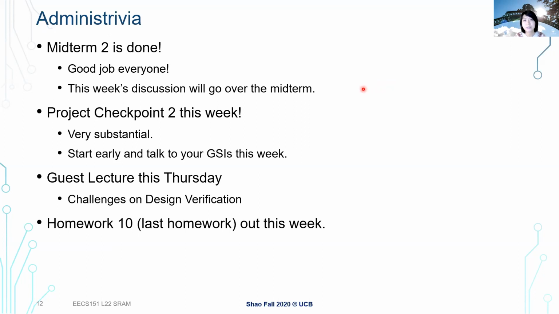In the final, there will be three sections. The first part covers the first module, and if you do well in that part, the midterm 1 material, we can use that to calibrate your midterm 1 score. Similarly, in the final there will also be some problems covering the second module, and if you do that part well, you can also use it to calibrate your midterm 2.